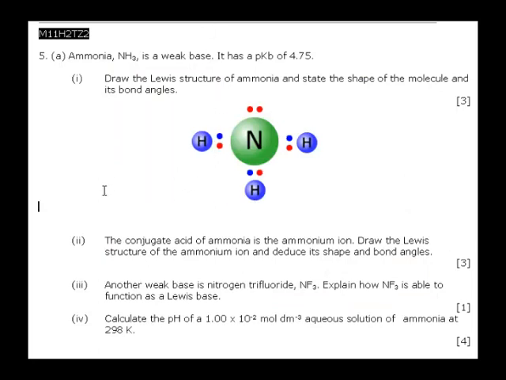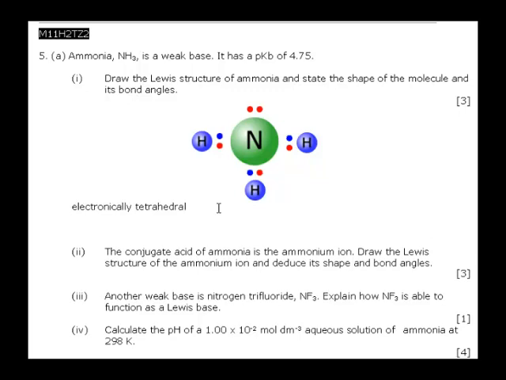Well, you can see there are 4 regions of electron density. There's a lone pair and 3 bonding pairs, and this means that electronically it's tetrahedral. But of course we can only see the bonding pairs, we can't see the lone pair.